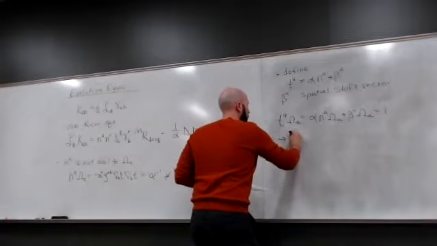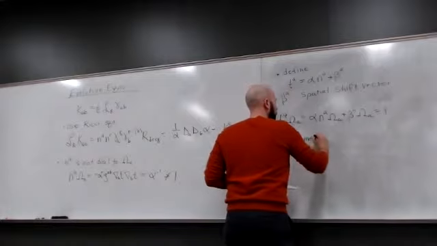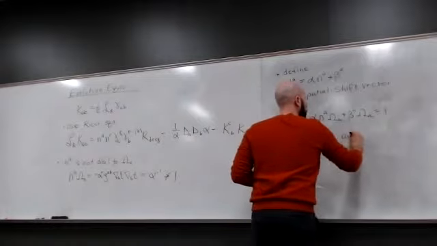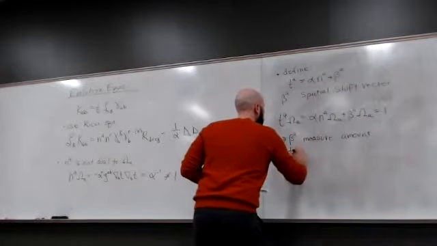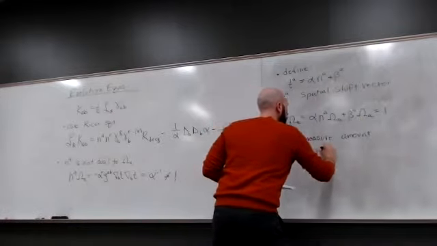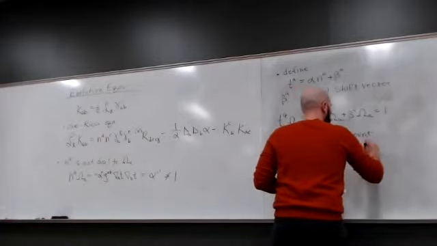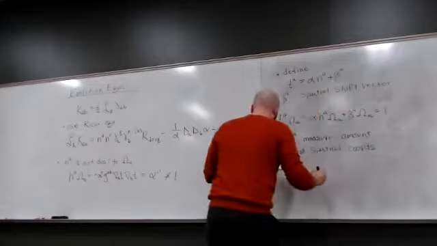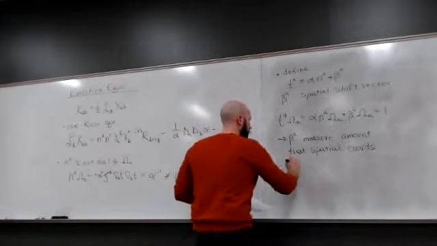And beta^a measures the amount of "shift" that the spatial coordinates undergo within a slice with respect to the normal vector.